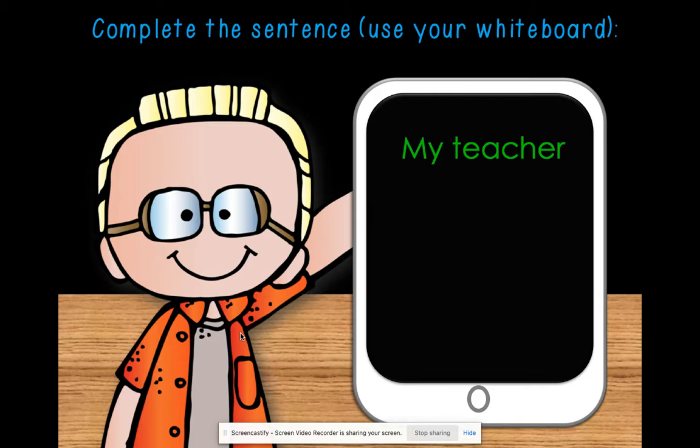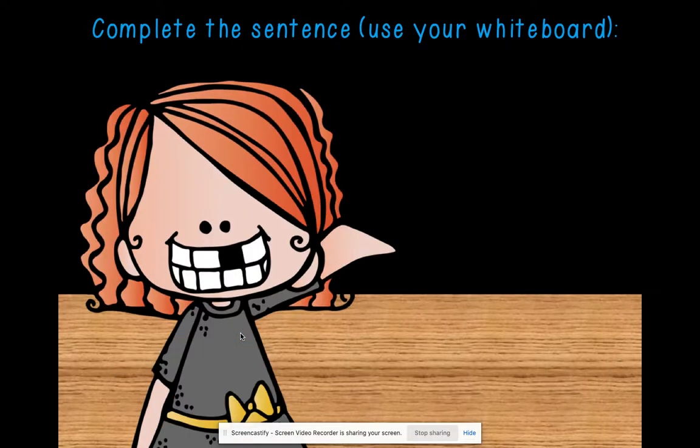My teacher loves pickles, period. My teacher is silly, exclamation mark. You decide. Make a correct sentence. Let's do another one. And remember, you can pause this video at any time to complete those sentences.